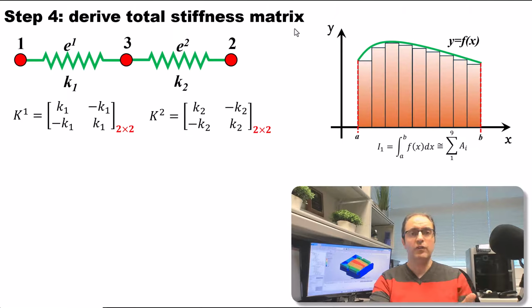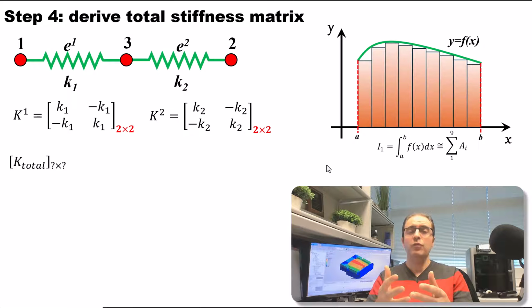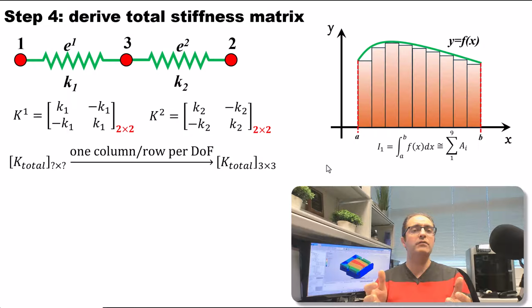I want to ask you a question. If I have the element stiffness matrix as a 2 by 2 matrix, what would be the size of the stiffness matrix for the total structure? If we use the same method that we use to find the size of the stiffness matrix for a single element, what should we do? If you want to use the same method, we will see this. So we have 3 degrees of freedom total.